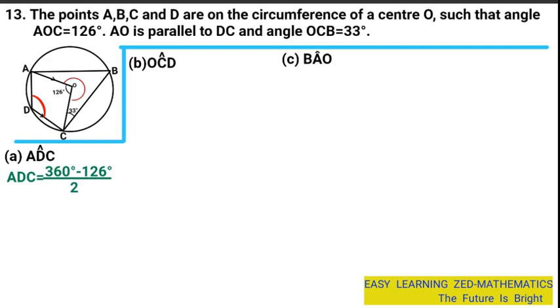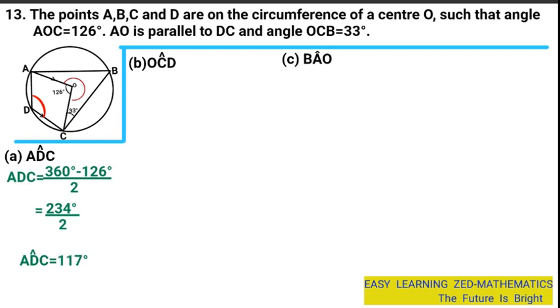We find the difference of 360 minus 126, which gives us 234. 234 divided by 2 gives us 117.